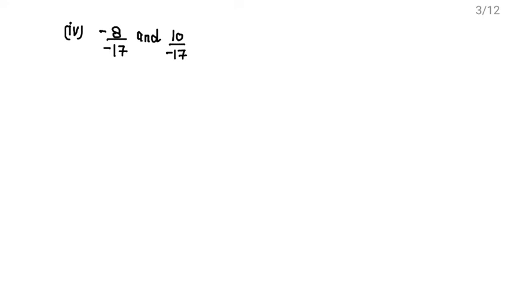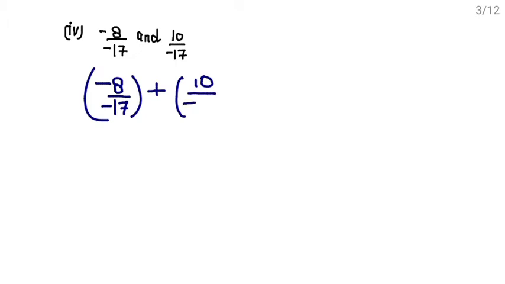Next, the fourth part is minus 8 upon minus 17. Add it with 10 upon minus 17. Now open the bracket. In this first part, this numerator and this denominator both have negative signs, so we can cancel out.